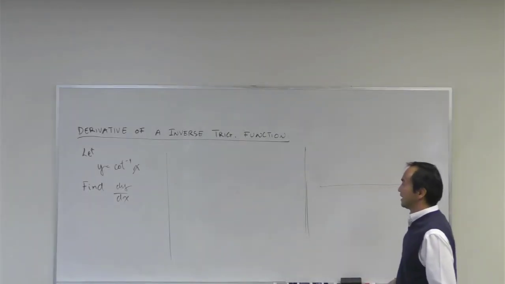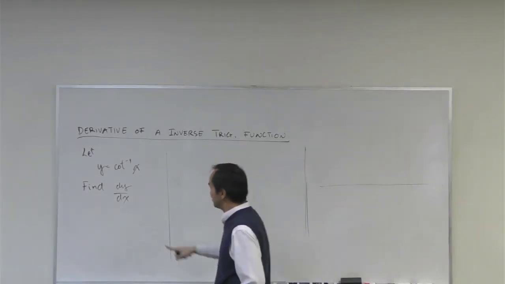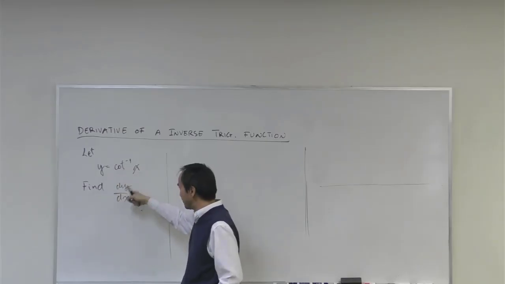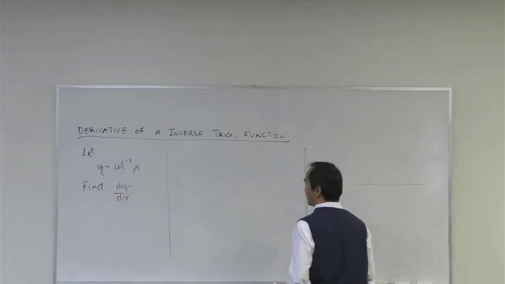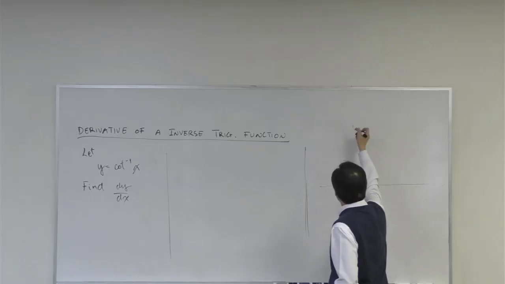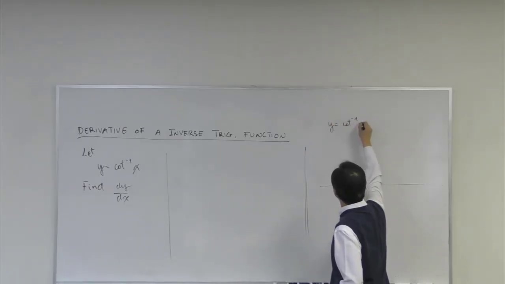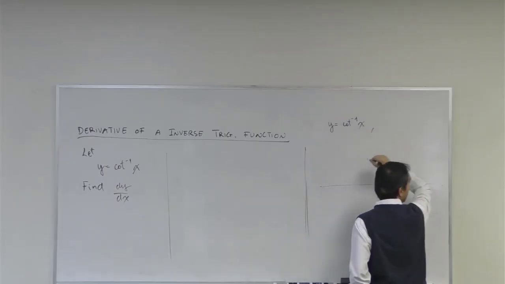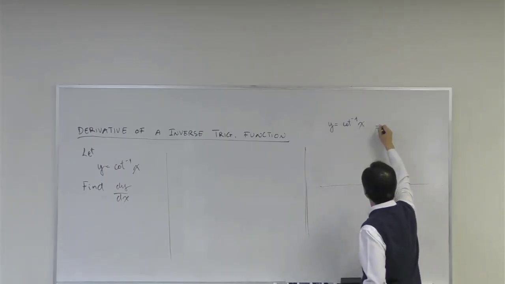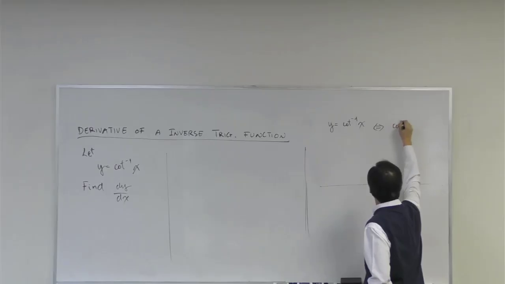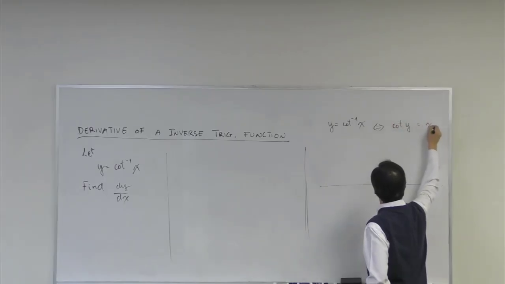Right. So once again, our understanding here, we have the function defined as cotangent inverse of x. That's fine with the derivative. So if y equals cotangent inverse of x, trivial information here says it means the same as cotangent of y equals x.